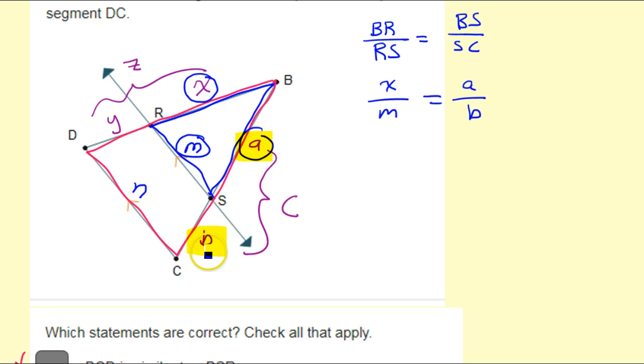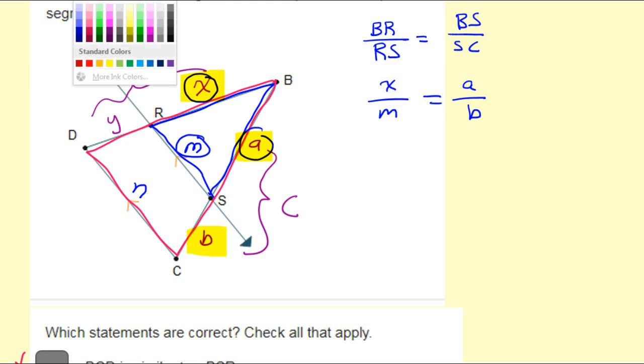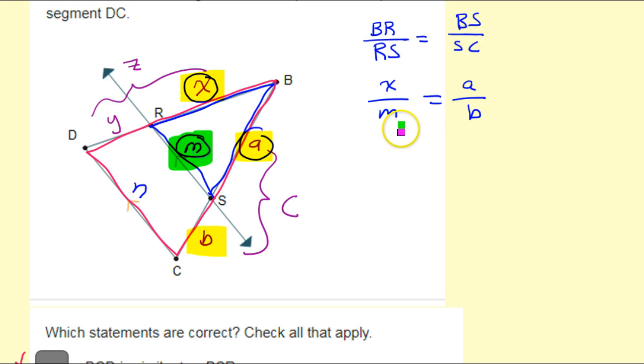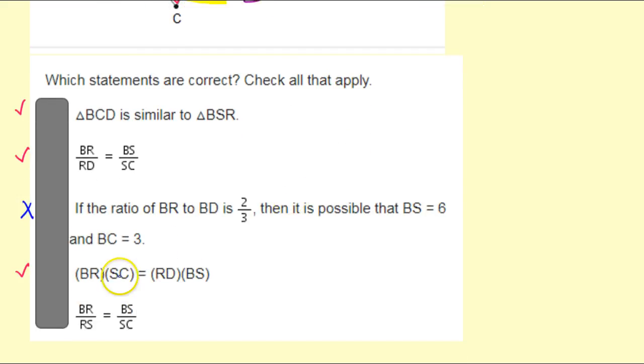So part over part should equal part over part. So A over B should equal X over Y. But look what they did. They have A over B is equal to X over M? What? That's crazy. It shouldn't be M. That should have been Y instead. That would have made sense. But the way they have it, it doesn't make sense. So that's definitely wrong.